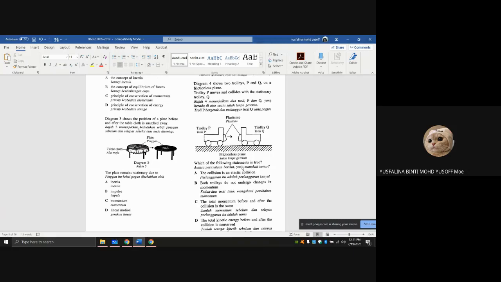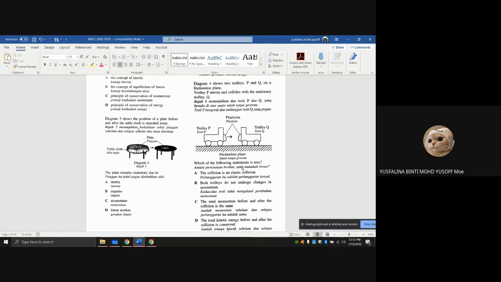In both elastic and inelastic collisions, we obey the principle of conservation of momentum. Even for elastic or inelastic, the total momentum before and after the collision is the same.